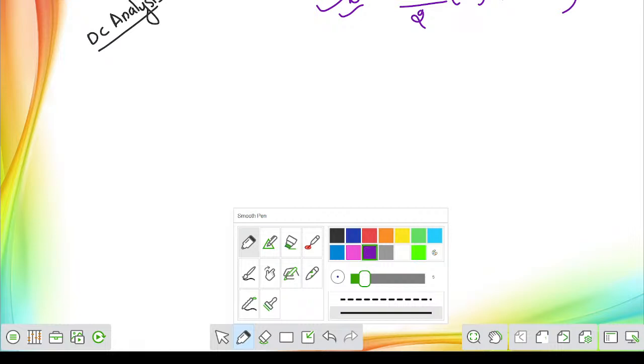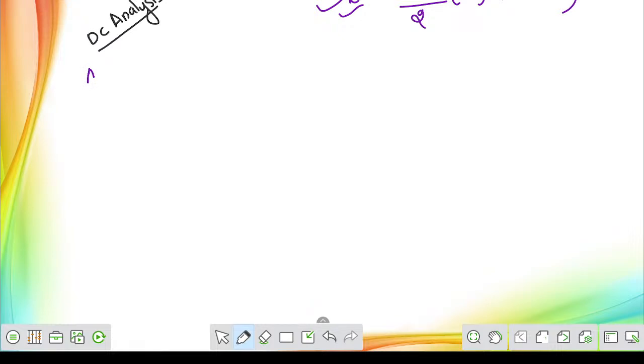Fine, sir. Let us continue. The other one is AC analysis. Let's start with the AC analysis. First, I will draw the AC equivalent circuit of MOSFET. After that, we will come to know the difference between the BJT and MOSFET AC equivalent circuits. It's a very simple symbolic representation. I will draw it for N-channel MOSFET.